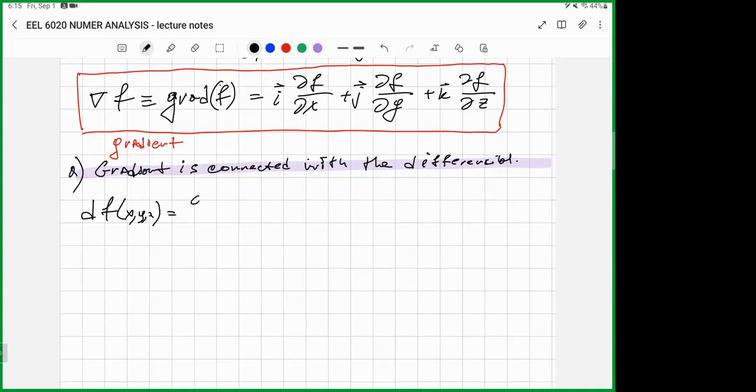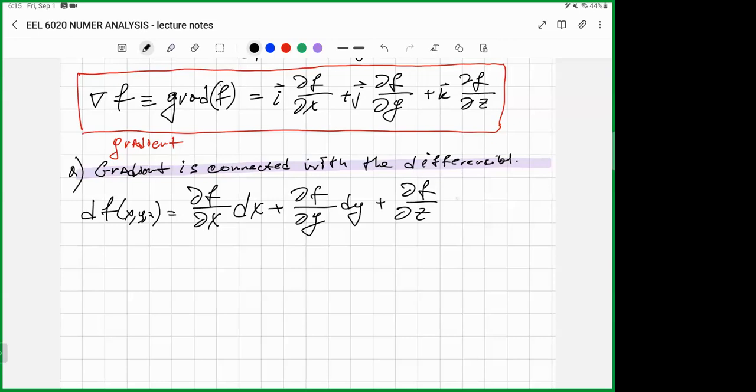It's given by the partial derivative by x times dx plus the partial derivative by y times dy plus the partial derivative by z times dz.